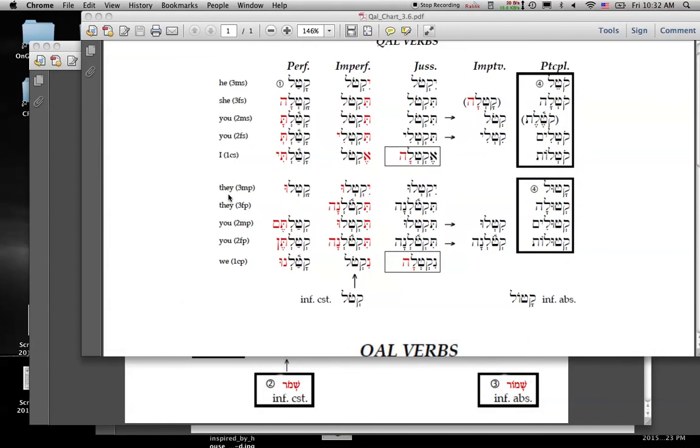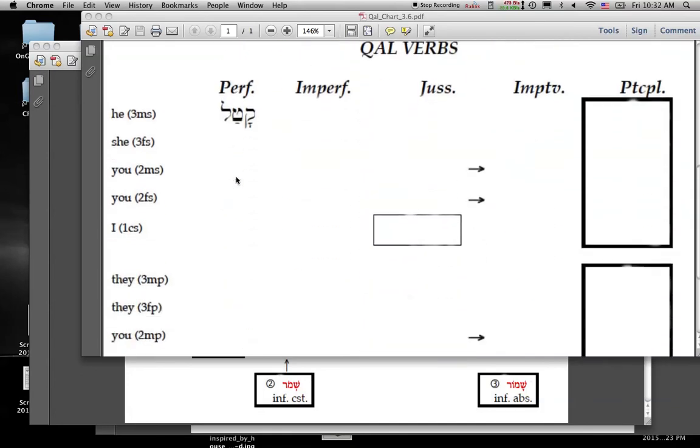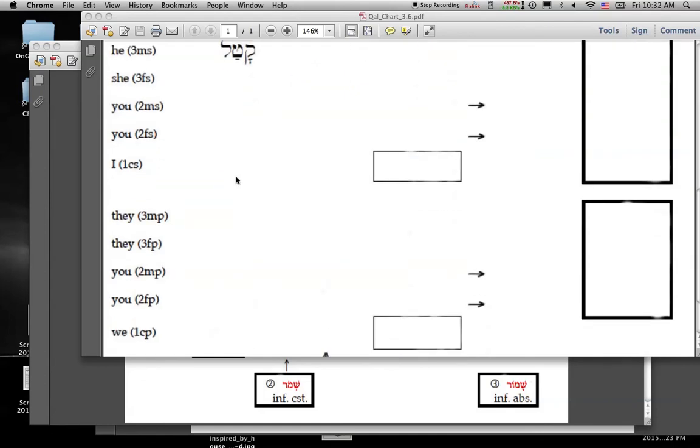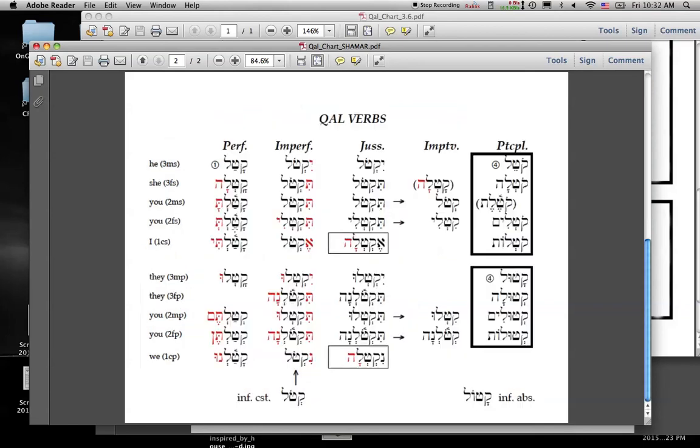Then go back and add the vowels and the endings in a different colored pen, which will help the endings pop a little bit more. You're going to do the same thing for shamar: shamar, shamera, shamarta, shamart, shamarti, shameru, shamartem, shamarten, shamarnu. All the way down, and don't go beyond the perfect because we don't really have anything beyond that.